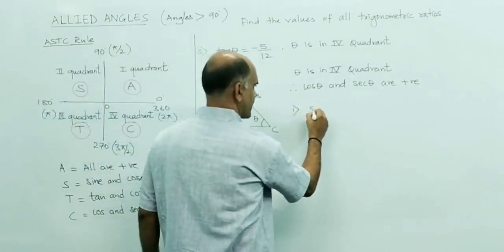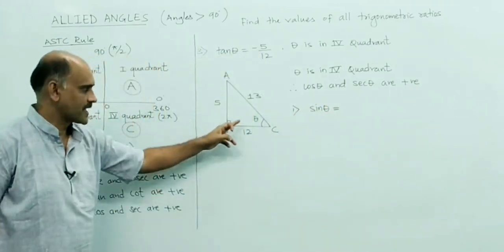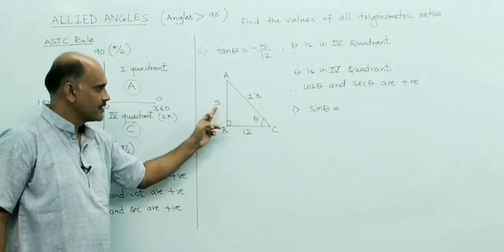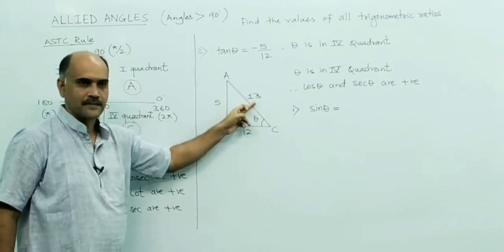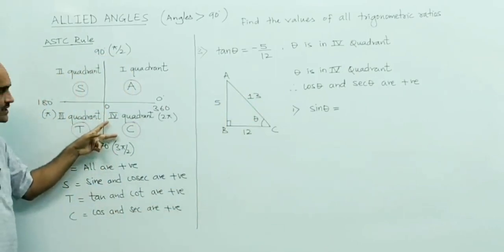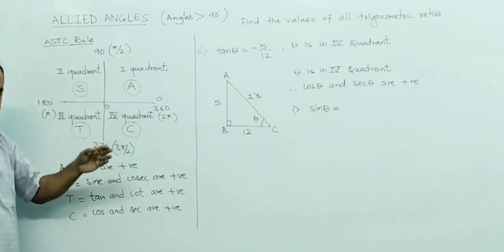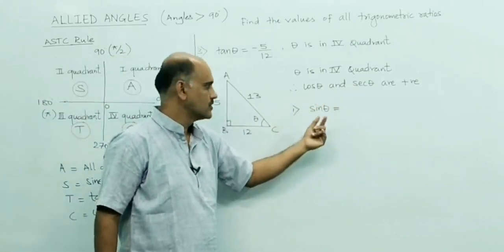First, sin theta. From the triangle, sin theta is opposite by hypotenuse, so that is 5 by 13. Theta is in which quadrant? Fourth quadrant. In the fourth quadrant sin is negative, only these two are positive.